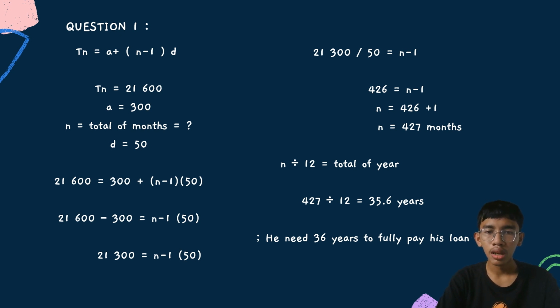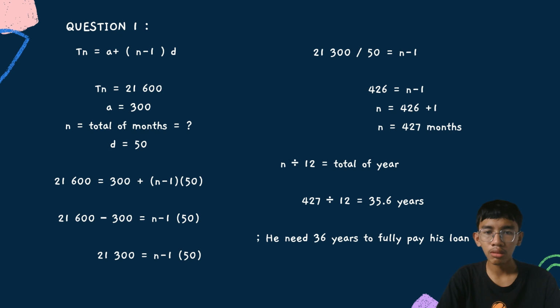21,600 ringgit equals 300 ringgit plus 15 in the bracket n minus 1. So we bring the 300 ringgit to the left, so it will be 21,600 minus 300 equals n minus 1 in the bracket 15.